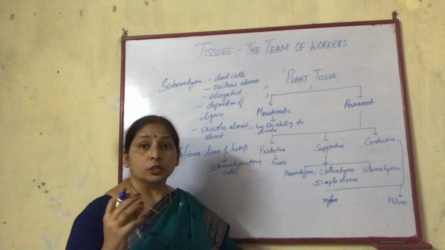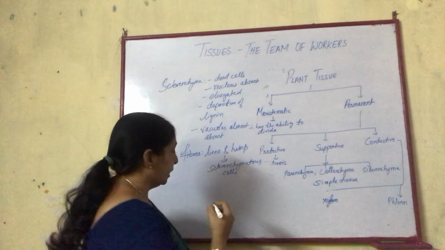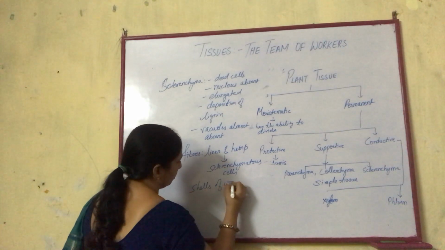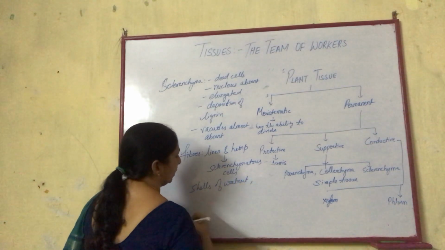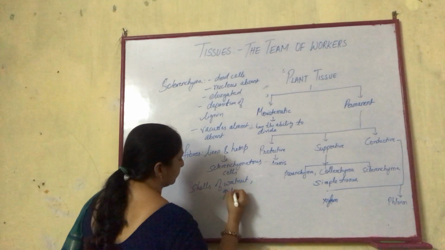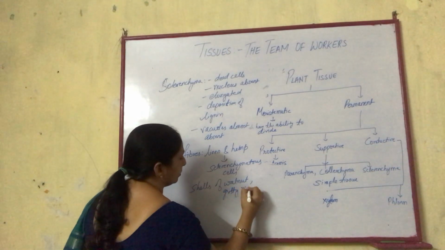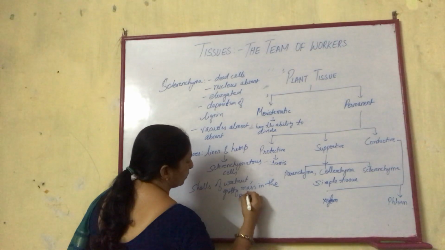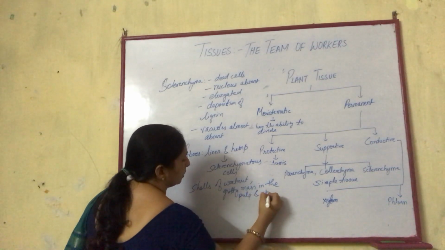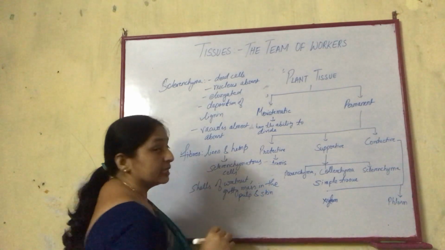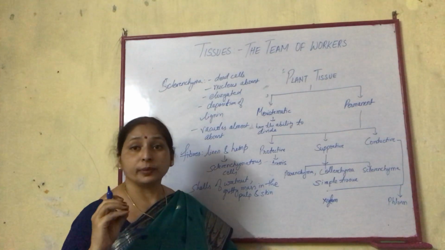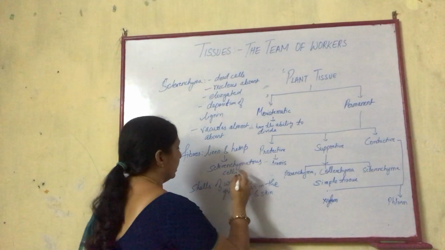Then the shells of walnut, and the gritty mass in the pulp and skin of pear, are because of sclerenchymatous cells.